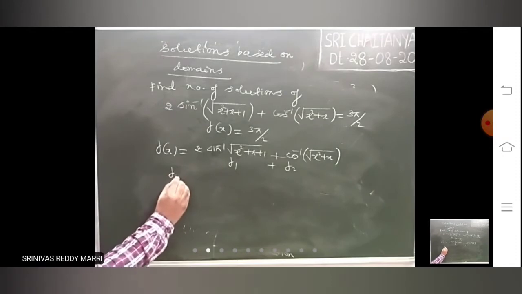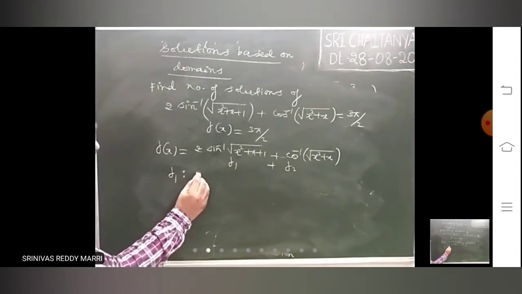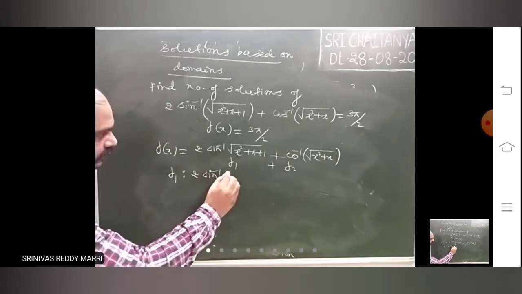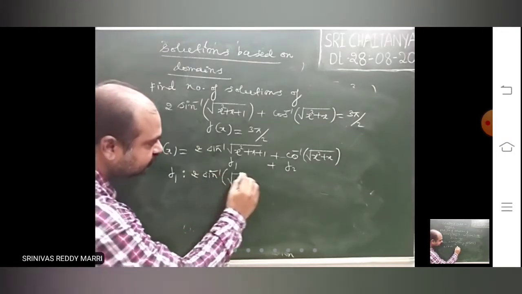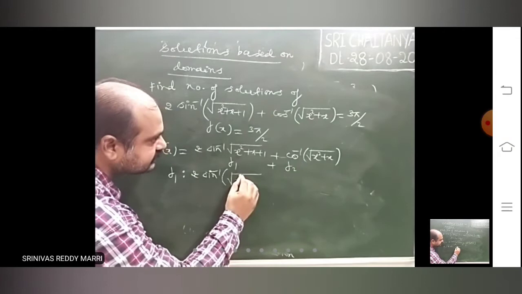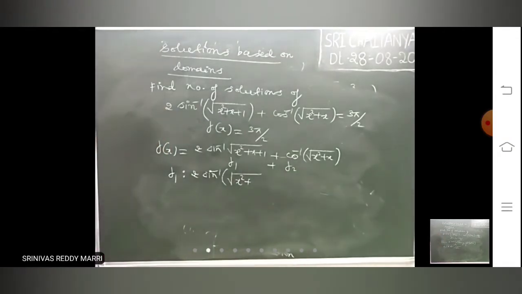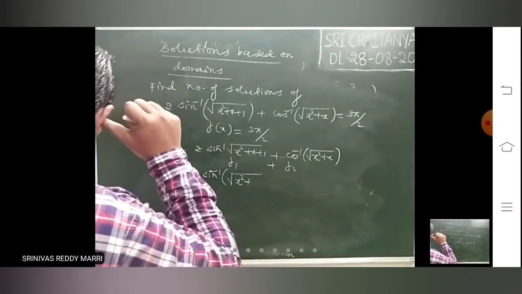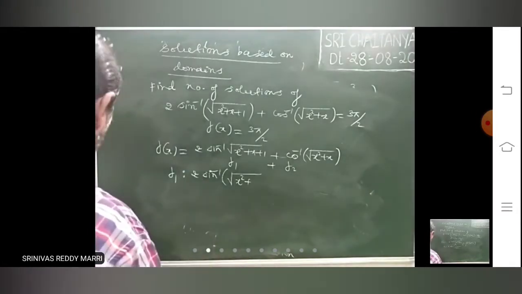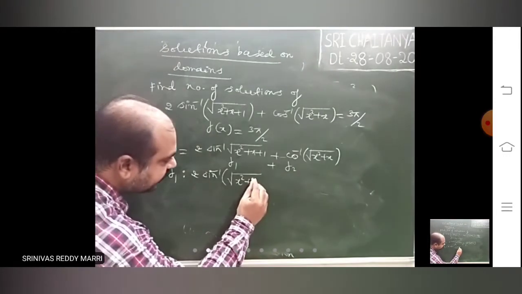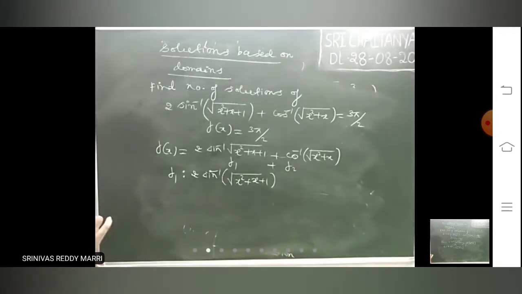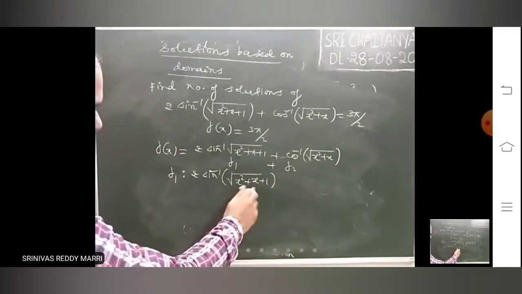I am taking f1: 2 sine inverse root of x square plus x plus 1.